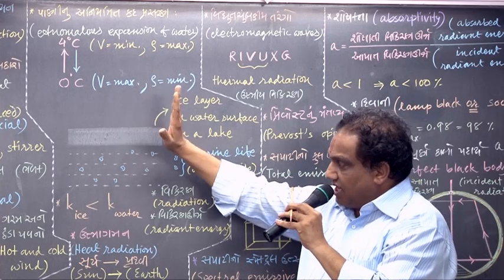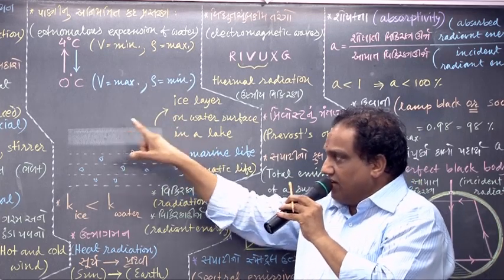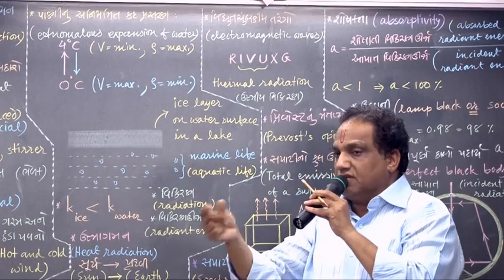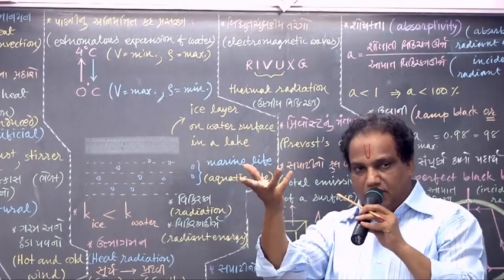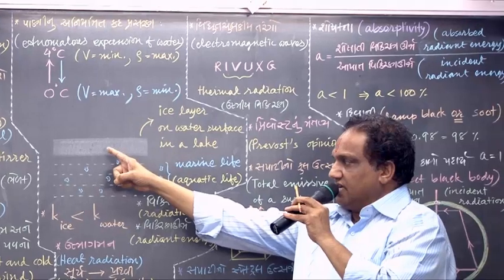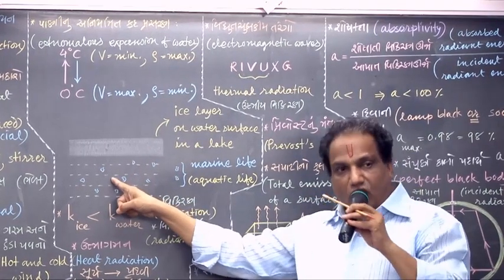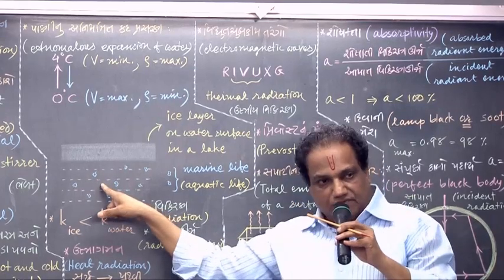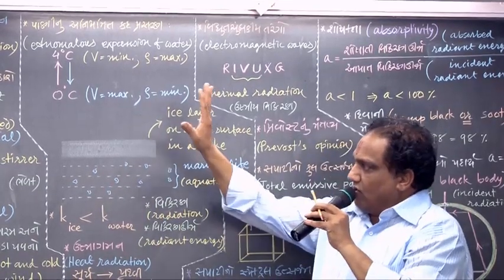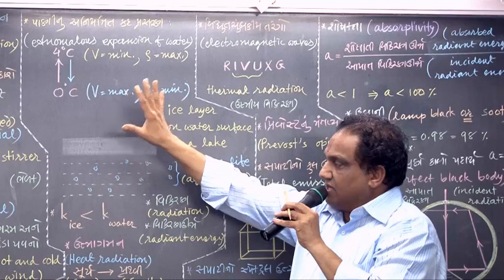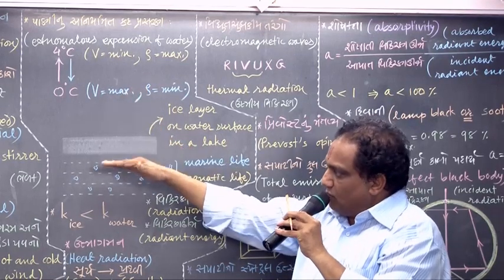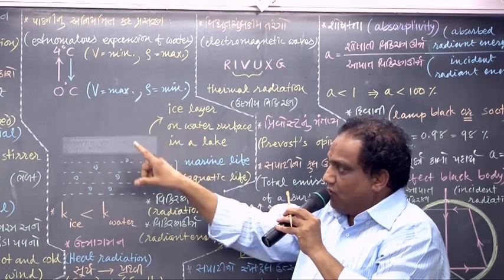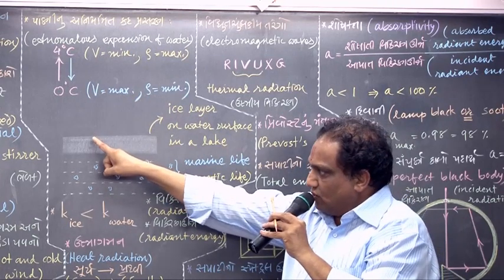As water is losing the heat, it will be getting frozen. It will be transformed into ice. That is solid. But density of ice, as I said, is less than density of water. So this ice layer will float on the water. Depending upon the time for which temperature remains very low, more and more water will be getting transformed into ice. So thickness of ice layer goes on increasing.